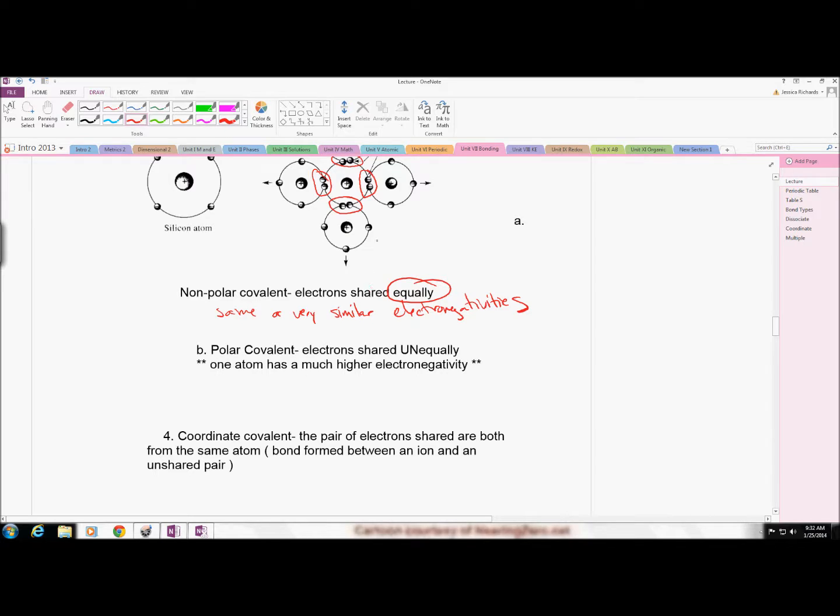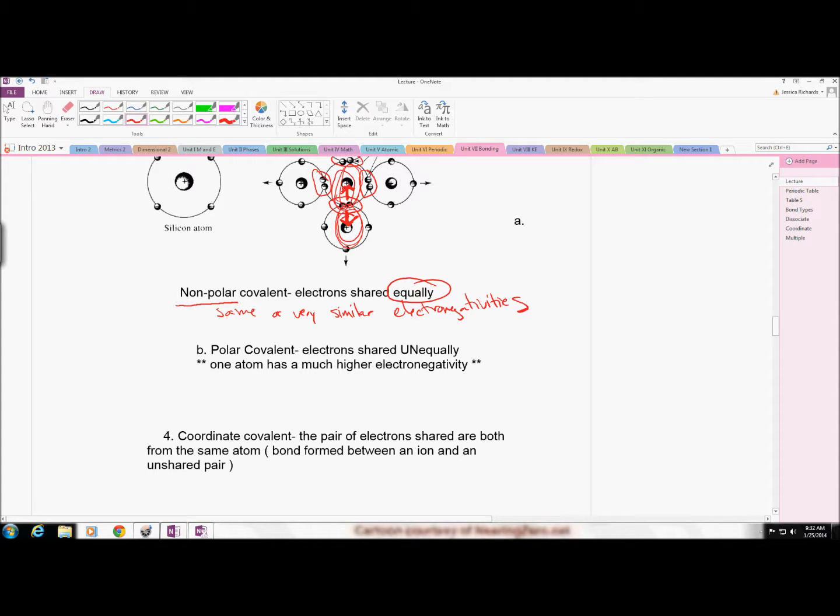What that means is the nuclei are pulling on the electrons with the same amount of force. So this nucleus is pulling on that pair of electrons the same amount that this nucleus is pulling on this pair of electrons, and so they have to share the electrons equally. They will spend an equal amount of time orbiting this nucleus as they do orbiting the other nucleus. That's called a nonpolar covalent bond.